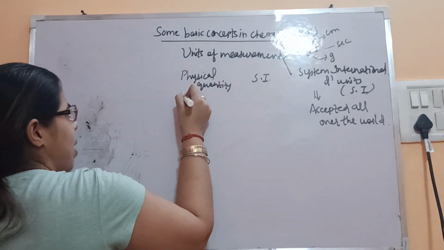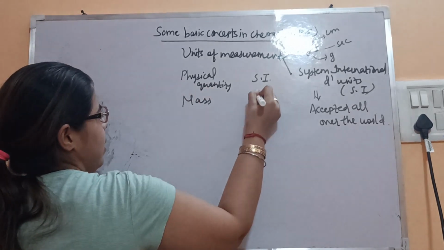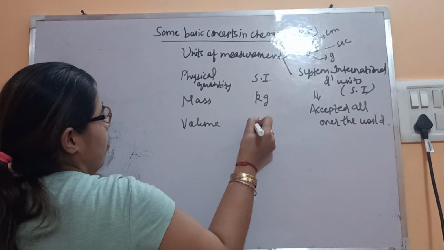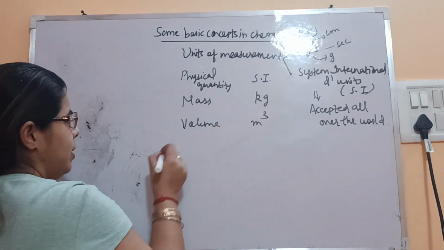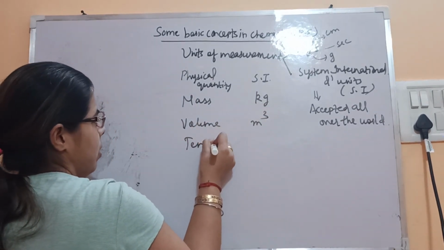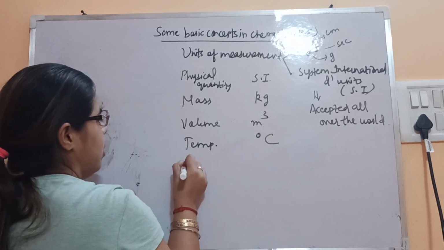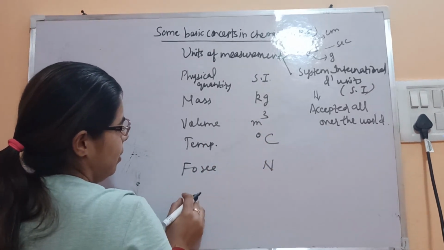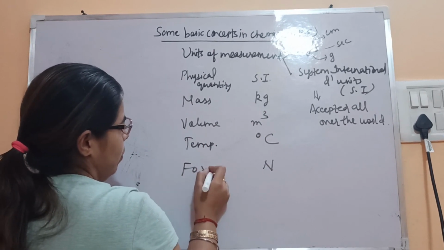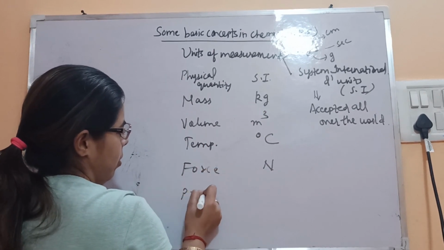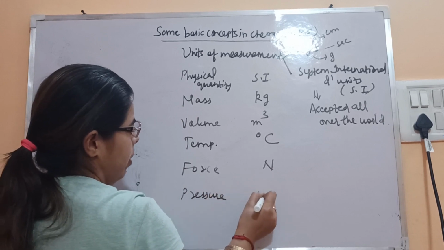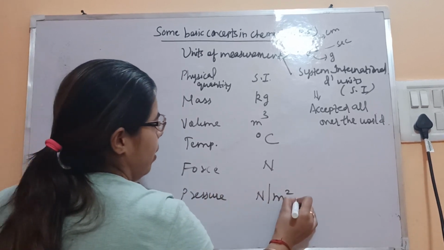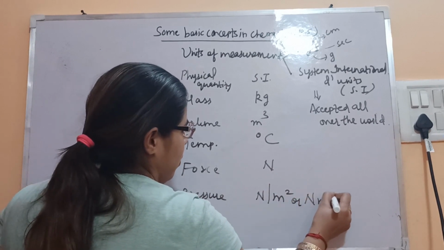So mass, we know that the SI unit is kg. Volume, meter cube is the SI unit. Temperature, degree Celsius. Force, Newton, capital N. Pressure, Newton per meter square, or you can write it like this also.